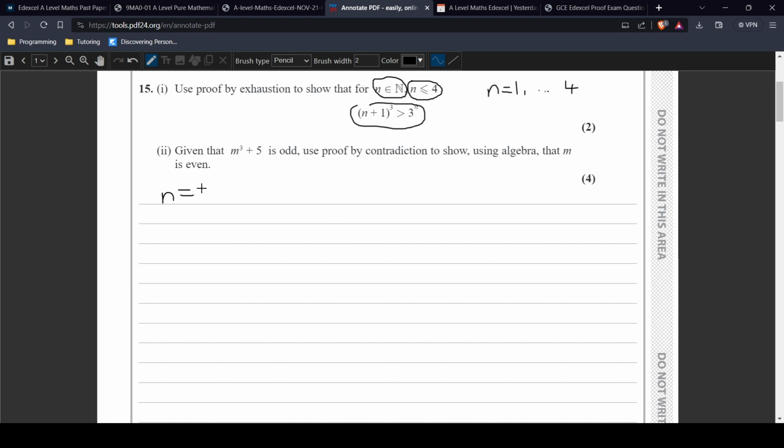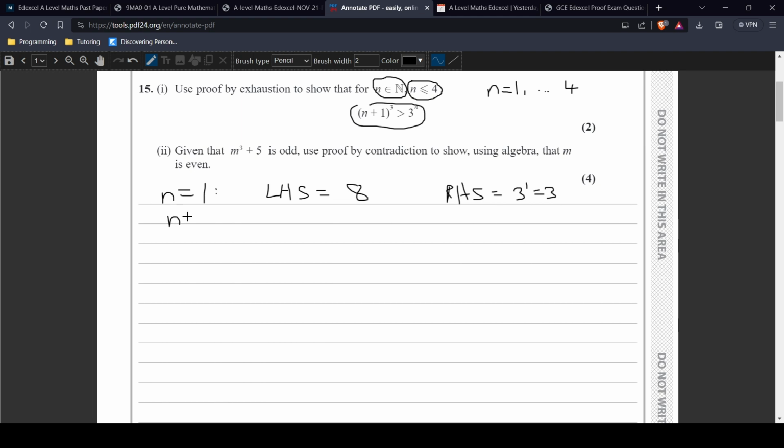So for n equals 1 on the LHS, so on the left hand side, what do we get? We get 1 plus 1, which is 2, and then 2 cubed, which is 8. And on the RHS, so on the right hand side, we get 3 to the power of 1, which is just 3.